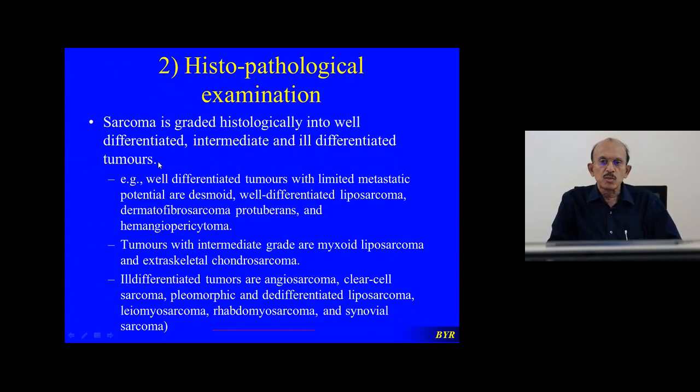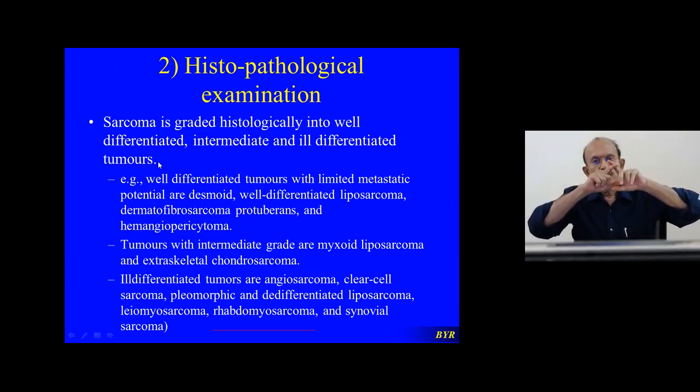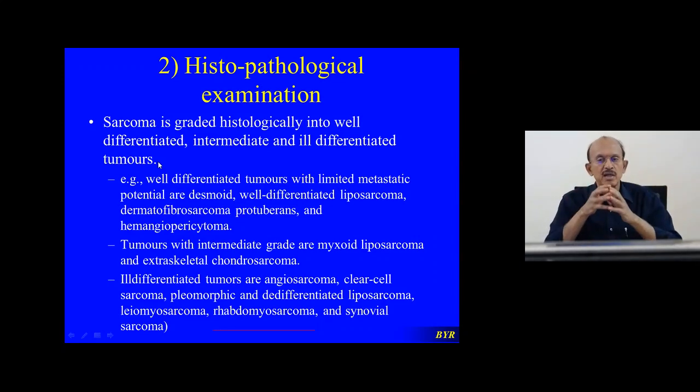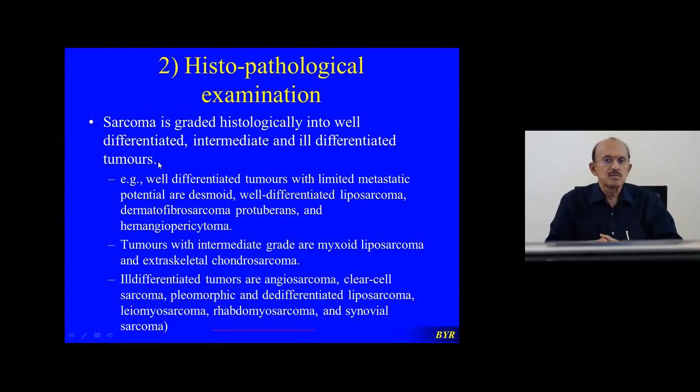If it's a benign tumor, what you do? You do just local excision, enucleation. For a malignant tumor, what you should do? You should go for wide excision. The muscle from which the swelling is arising and the compartment in which the muscles are, the tumor is there. So all these things must be removed.